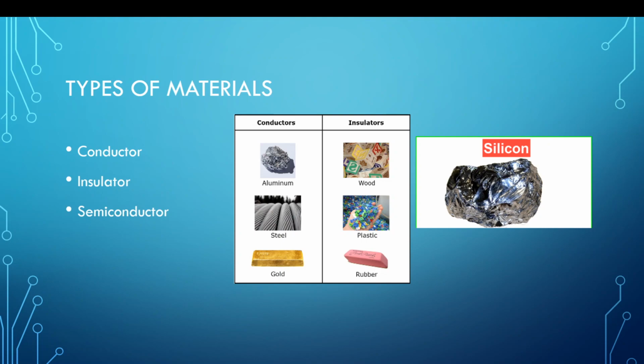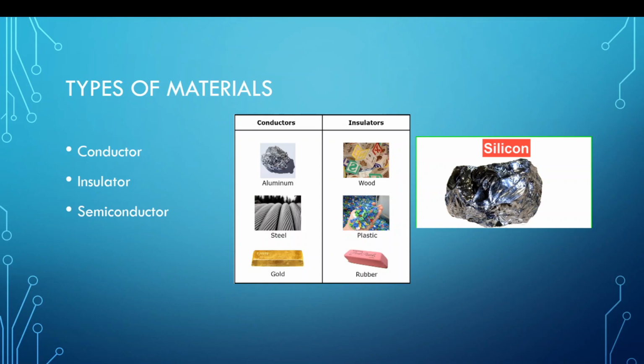There are types of materials that we use for electronics. There's the conductor, which allows electricity to roam and flow freely. Examples of conductors are aluminum, steel, gold, copper, and silver. Insulators are literally the opposite of a conductor.